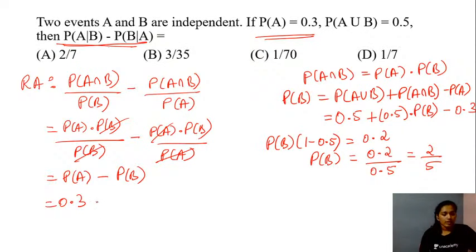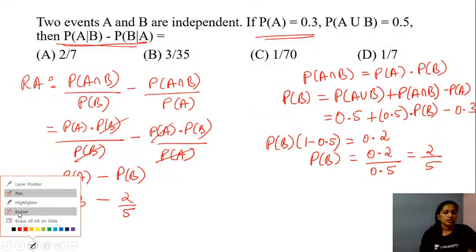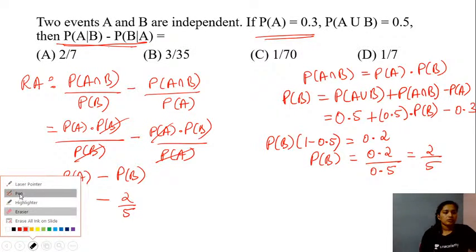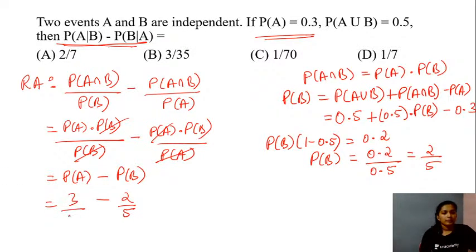So we have got the value for the probability of B. Let's substitute this. So the probability of A is 0.3, the probability of B is 2 by 5. 0.3 could be taken as 3 by 10 using the fraction, right? So you would have this.